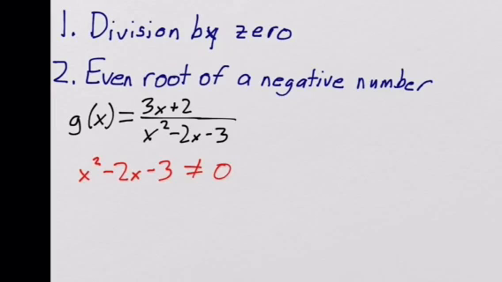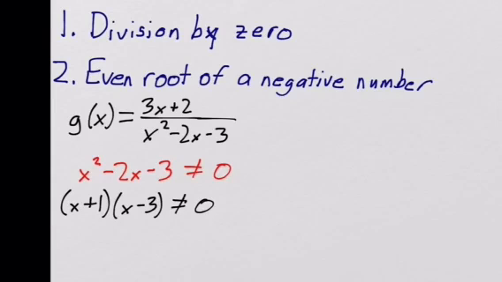So, let's go ahead and factor that. x plus 1 times x minus 3 does not equal 0. In order for it to equal 0, one of those things has to be 0.